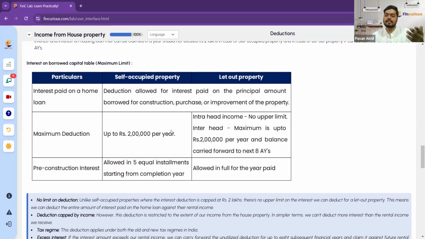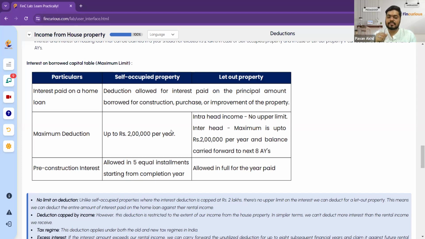And if it is inter-head, which means in the let-out property you are getting some 3 lakhs rupees as loss, that 3 lakhs rupees loss cannot be set off against income from salary or any other heads. Only to the extent of 2 lakhs it can be set off. Inter-head it is only 2 lakhs. The balance will be carried forward to the next 8 assessment years.